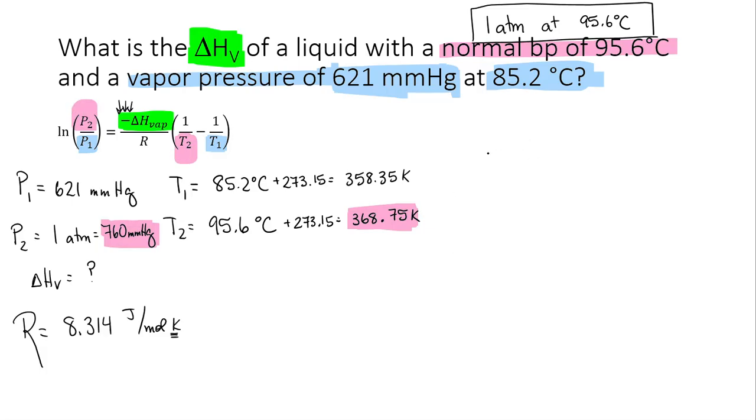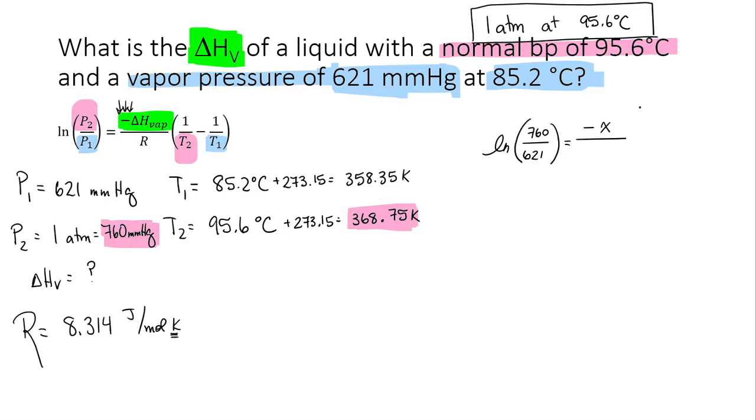So the natural logarithm of P2 is 760 divided by P1 is 621. Oh, I have this upside down from what I did previously, but that's okay. So we have the natural logarithm of 760 divided by 621 equals negative x.